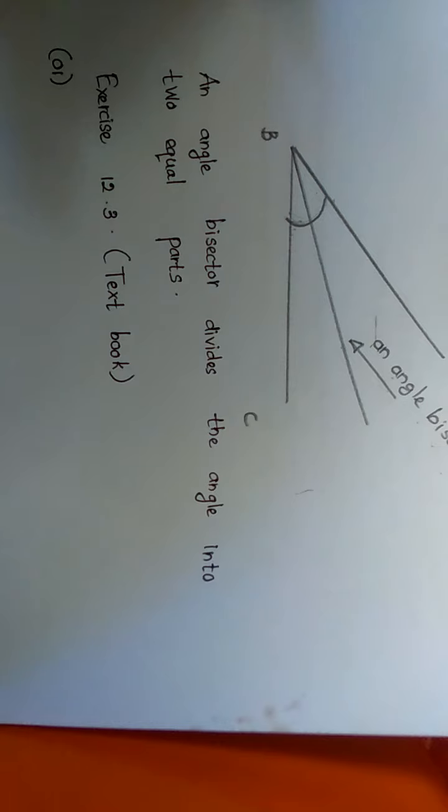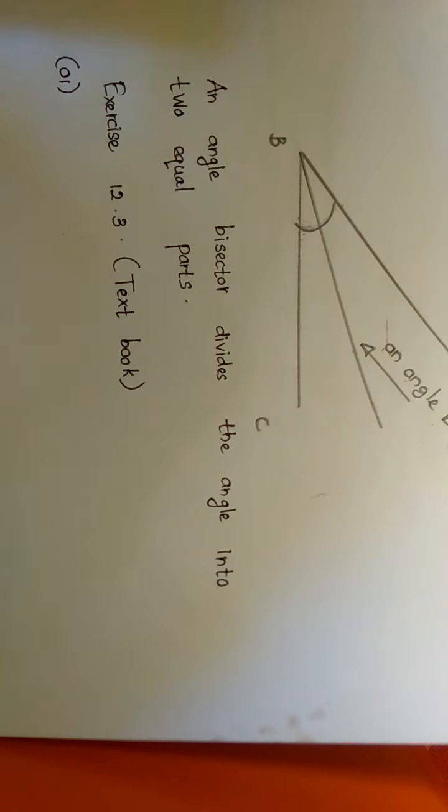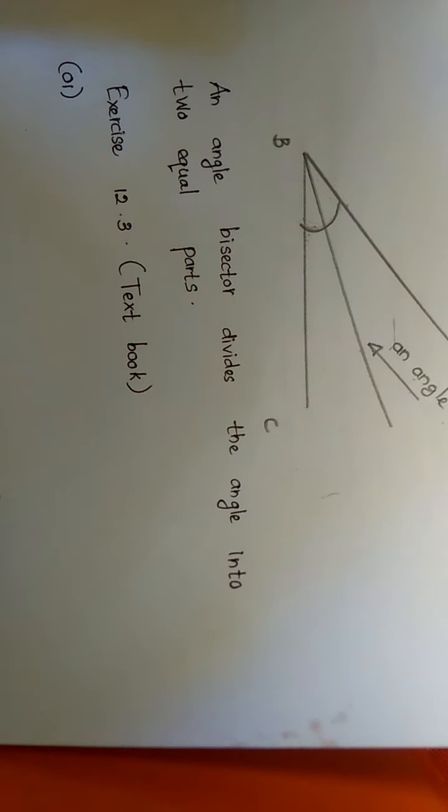Now I will read the question. Exercise 12.3, question number 1. A. Draw a line 8 cm long and label it AB.